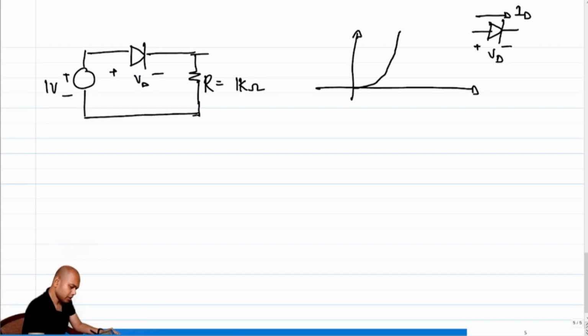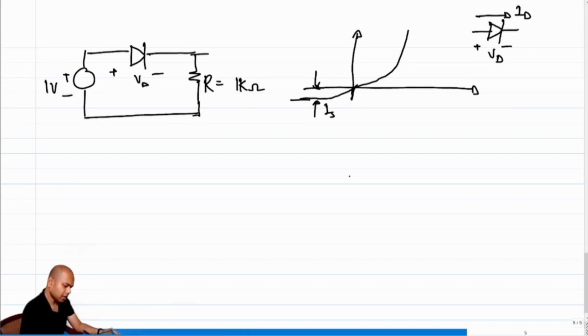It goes exponentially when it's forward biased, and it goes something like this when it is reverse biased. Now this has to go through 0, which I am struggling to draw. So this is not to scale. So this is, let's say, Is.